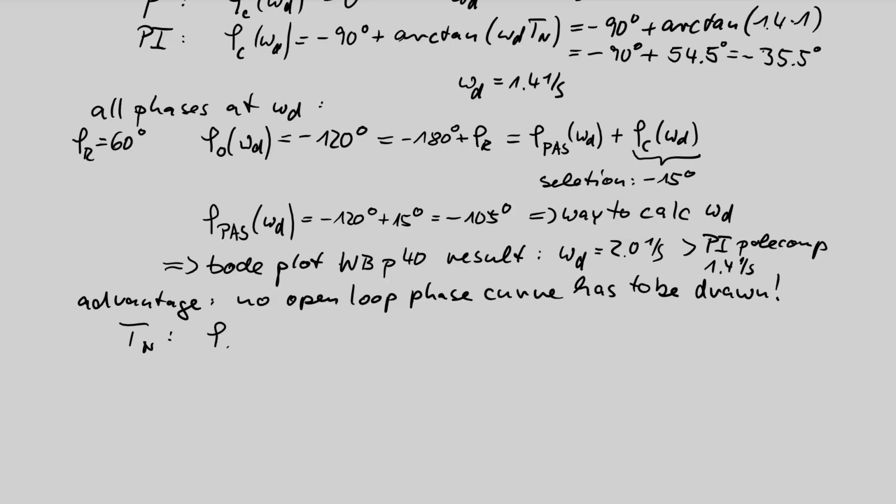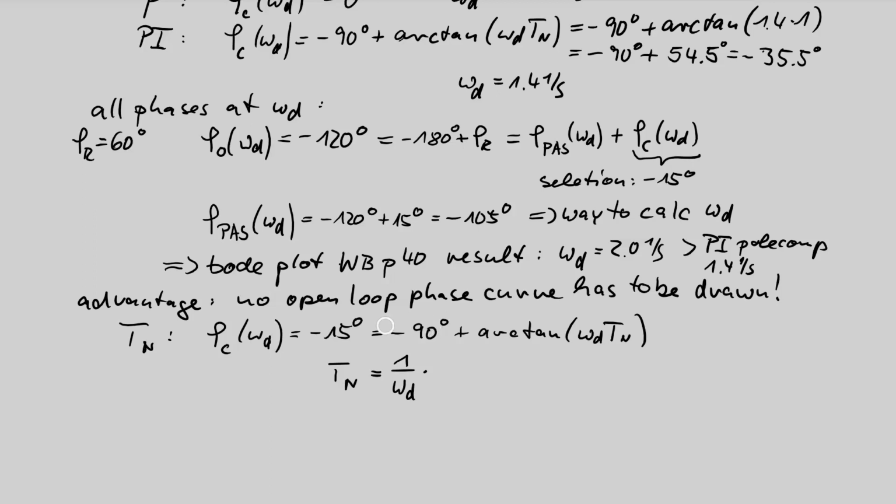We set Vc at omega d is minus 50, and here in this equation you see this general equation is minus 90 plus arc tangent omega d Tn, and you see omega d now is selected 2.0, and this is an equation to solve this equation to Tn. Tn is 1 over omega d times minus 90 on the other side is plus 75.